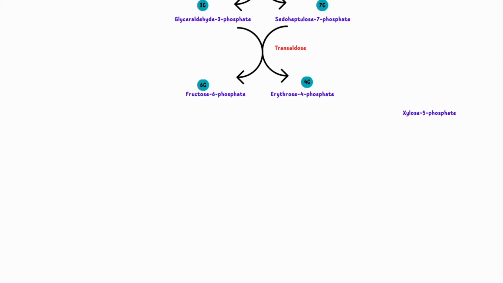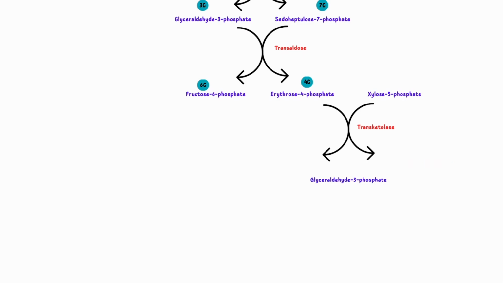In the final step of the non-oxidative phase of the pentose phosphate pathway, the xylulose 5-phosphate, that is the compound from the previous step, reacts with the erythrose 4-phosphate in the presence of the enzyme transketolase, and the transfer of 2 carbons happens here, which results in the production of glyceraldehyde 3-phosphate and fructose 6-phosphate.